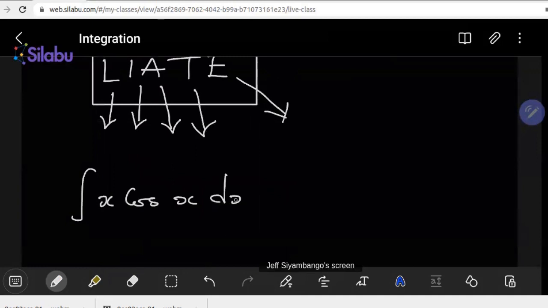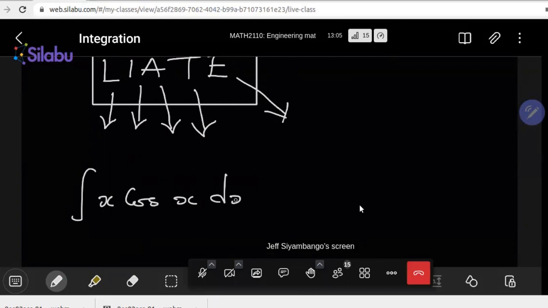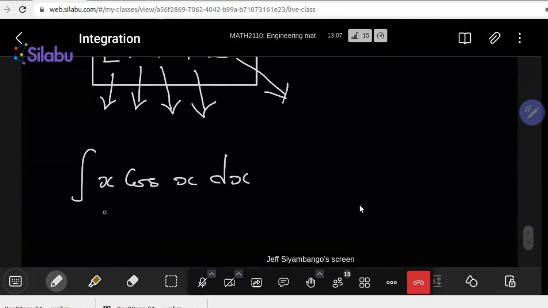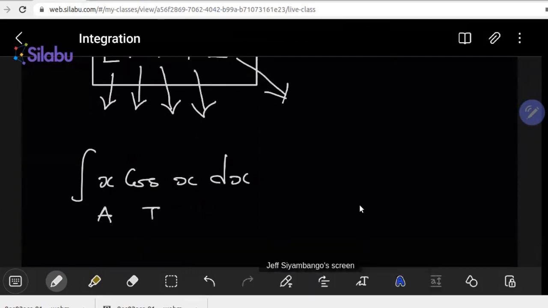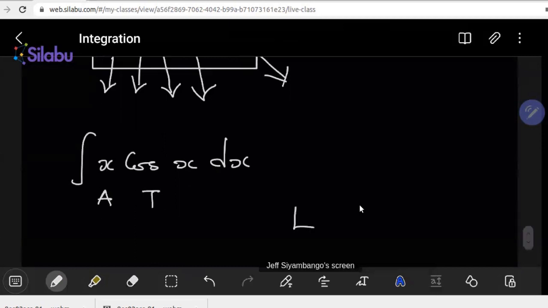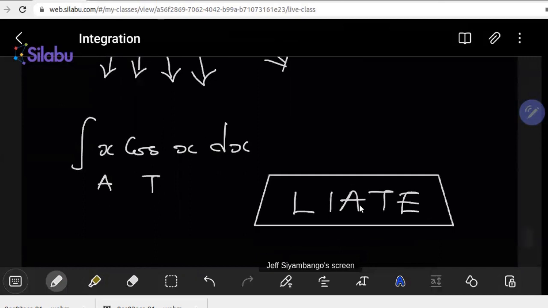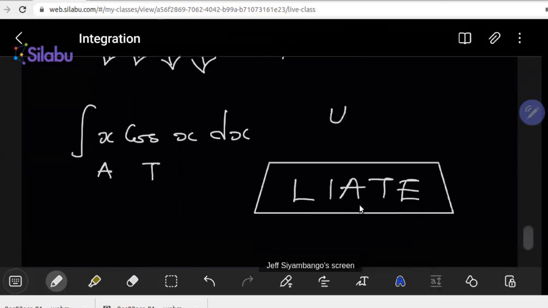For this expression, clearly you have an algebraic term and a trig function. By the use of this simple rule, you must choose u to first be what? You have algebraic and trig. So in other words, u has to be the algebraic term.